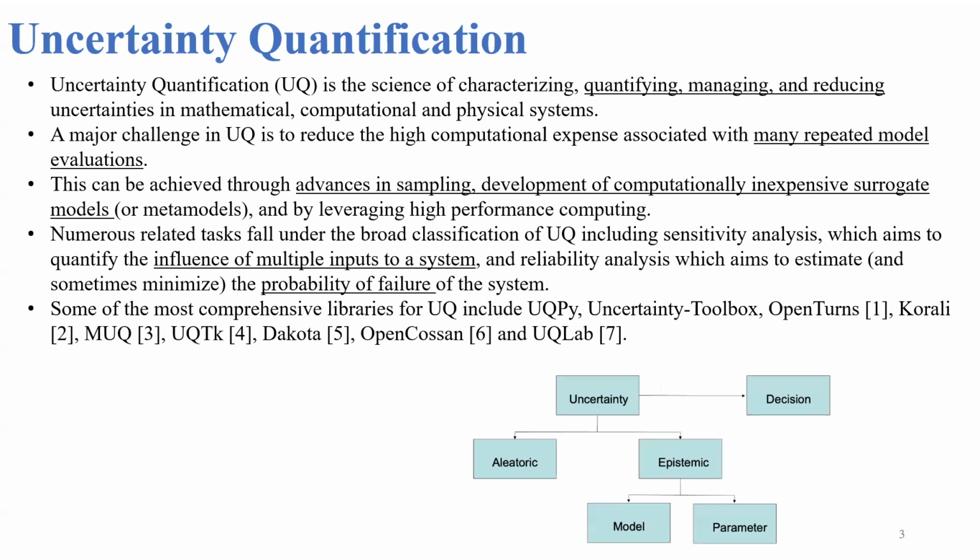So we talked about UQ in the previous submodule, which is basically a science of characterizing, quantifying, managing, and reducing uncertainties in mathematical, computational, or physical systems. One of the major challenges in UQ is to reduce the high computational expense associated with many repeated model evaluations.